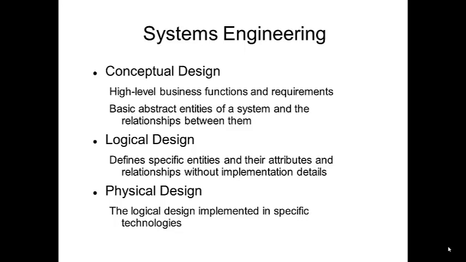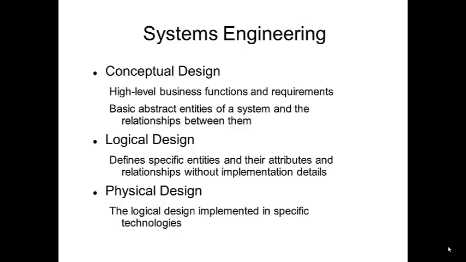And then the logical design: once you've got a conceptual design in place, then you can start developing the logical design, which further defines the specific entities and their attributes and their relationships of the system, but without any implementation details. So the conceptual design is a high-level overview of what the system is meant to be doing.